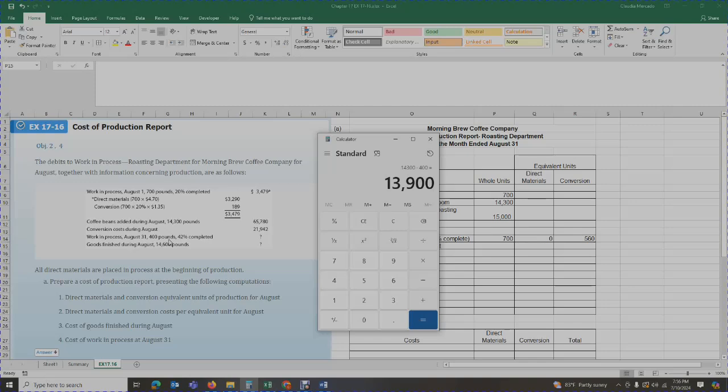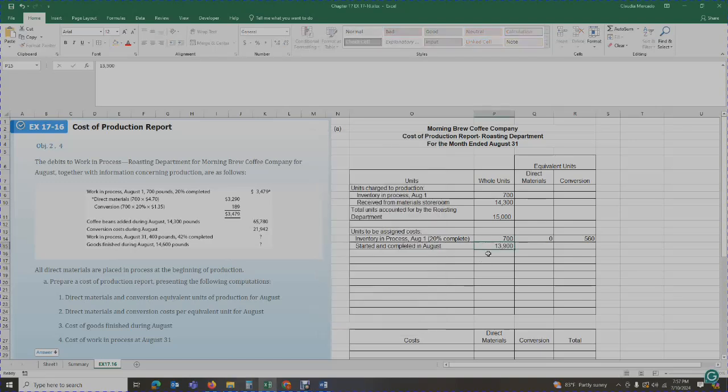So during the month of August, of those 14,300 pounds of coffee beans that were put in production, only 13,900 were completed in full in the roasting department. How do we do that? We get the 14,300 pounds minus the ending work in process, which is 400 pounds, and that gives me 13,900. Now, out of those 13,900 that were started and completed in August, that is the key: started and completed.